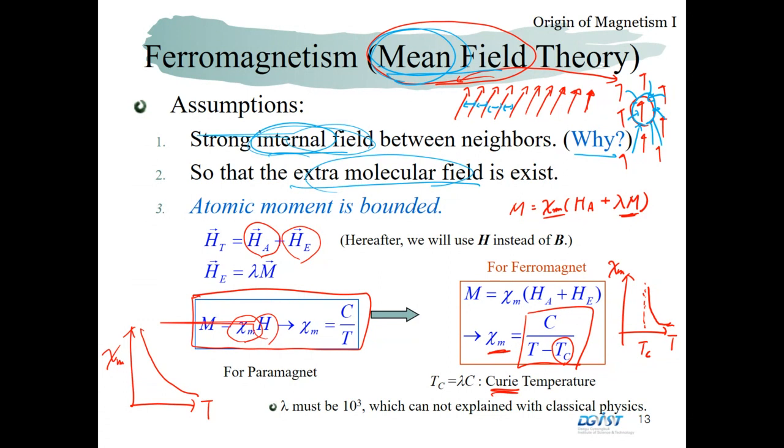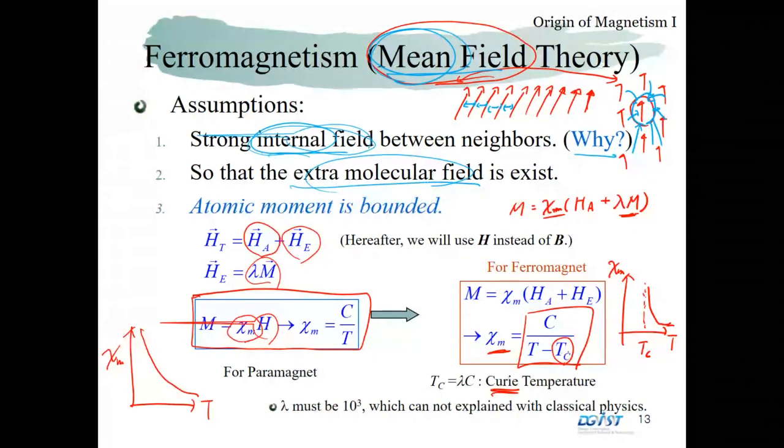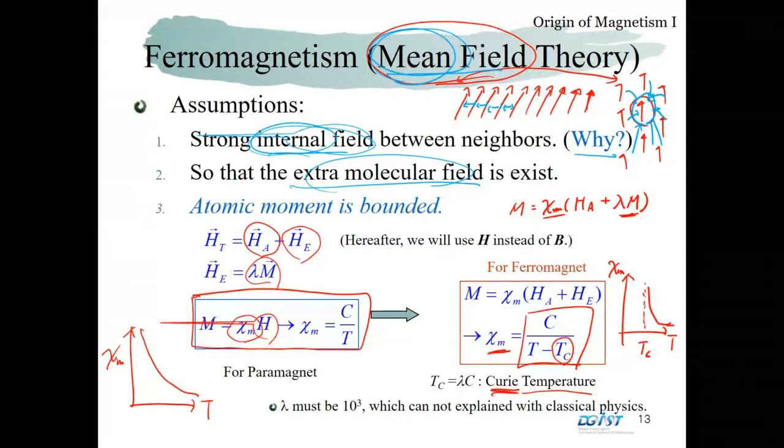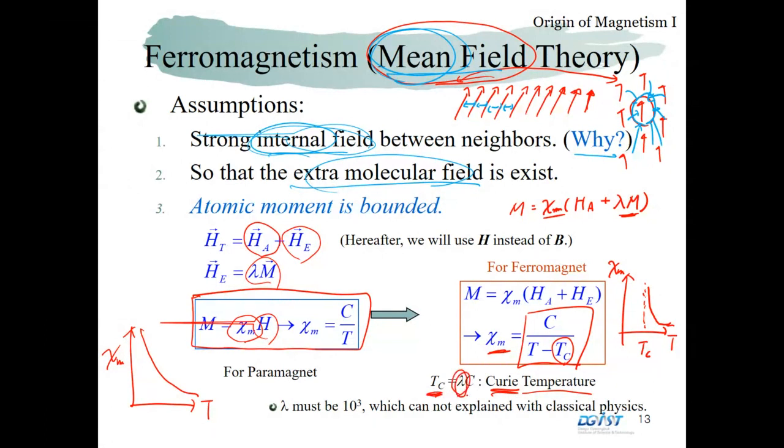So the role of this external magnetic field, the extra molecular field, is to shift the origin of the inverse proportionality to T by the amount of Tc, which is called the Curie temperature. This Tc is proportional to lambda.